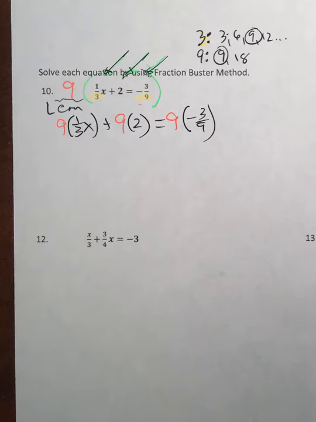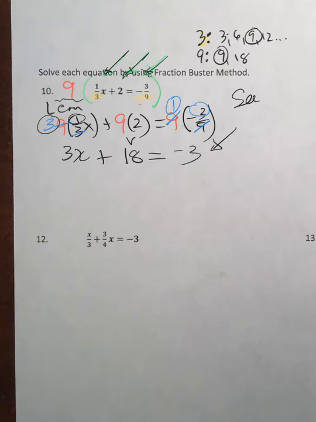When you multiply these two terms together, can't we say 3 goes into 9 3 times? And then 3 times 1 gives me 3, and those are x's. And then obviously 9 times 2 is 18, right? When you multiply those two, equals. And then 9 goes into 9 once, and then 1 times -3 gives us -3. See? No more fractions.